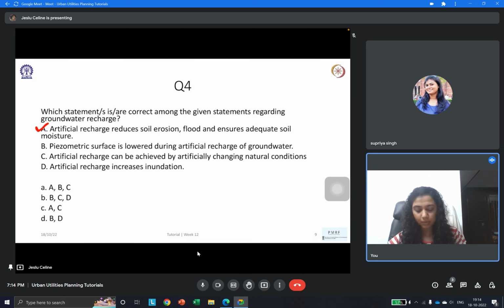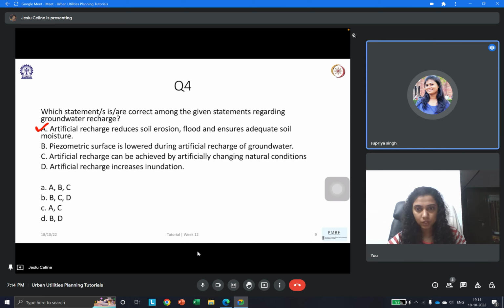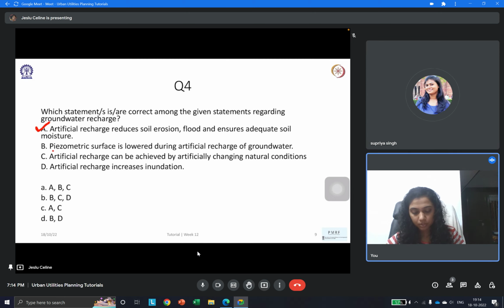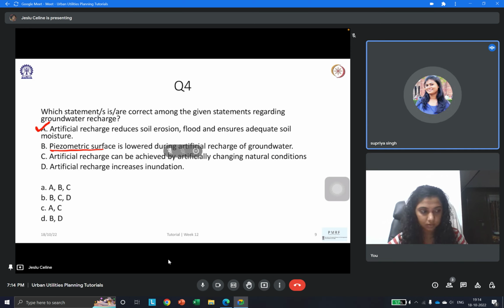And B, piezometric surface is lower during artificial recharge of groundwater. This is wrong. Actually, piezometric surface is not lowered, it is higher during artificial recharge. What is piezometric surface? There is one surface above the water table. Exactly.